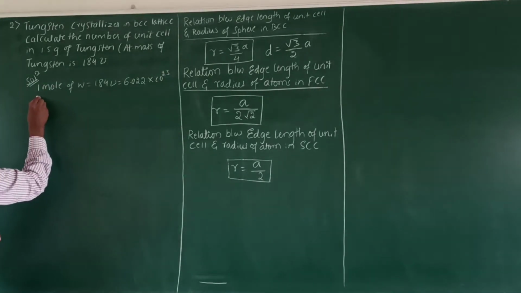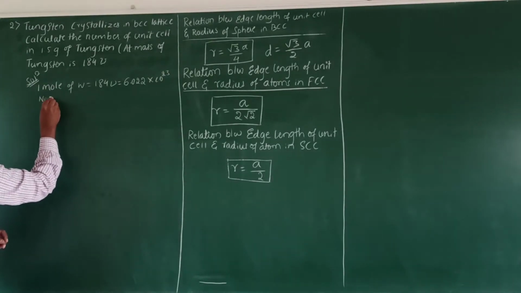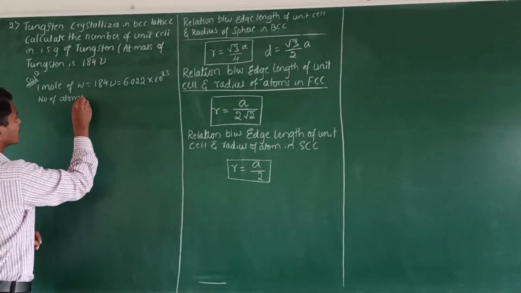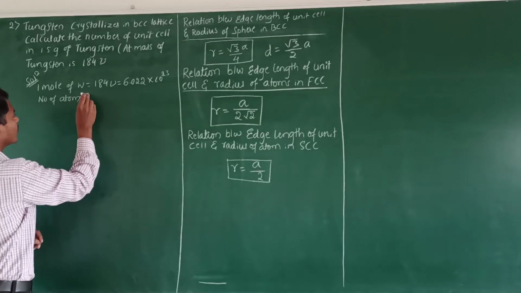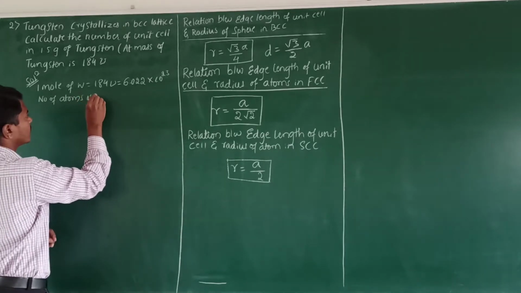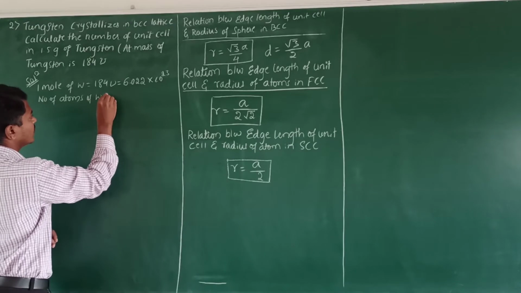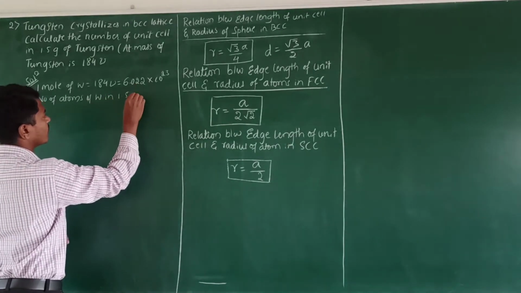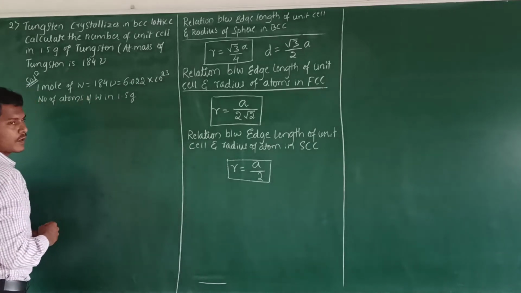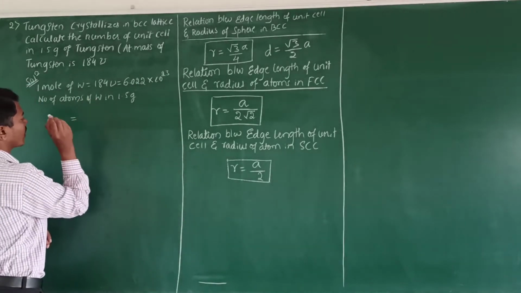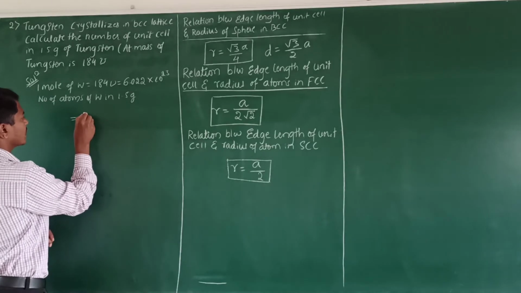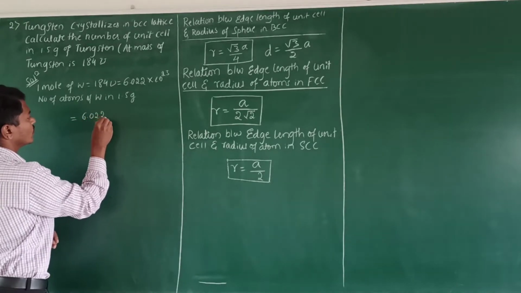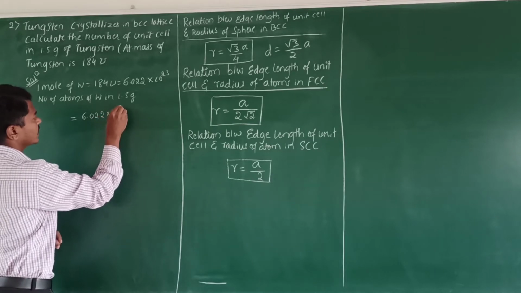Then the number of atoms of tungsten in 1.5 gram of tungsten. Okay, you have to calculate how many atoms are there. 6.022 into 10 to the power 23.